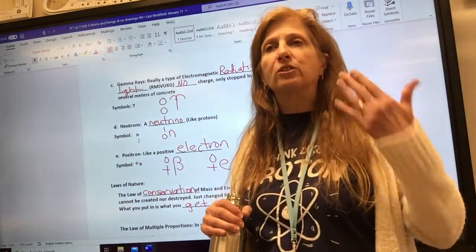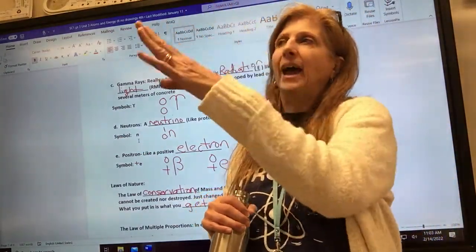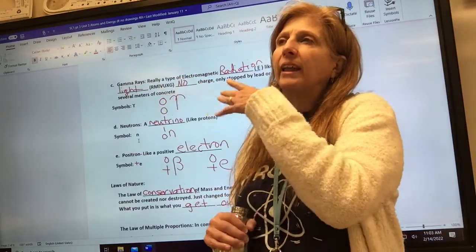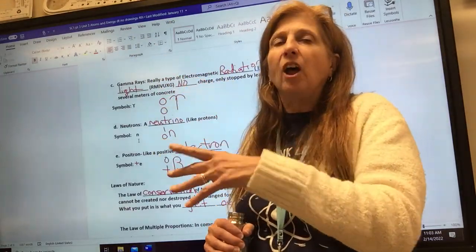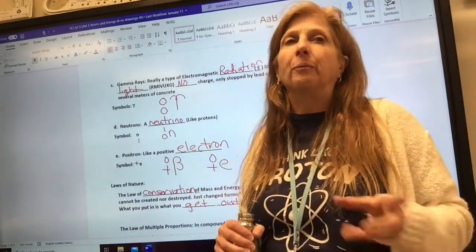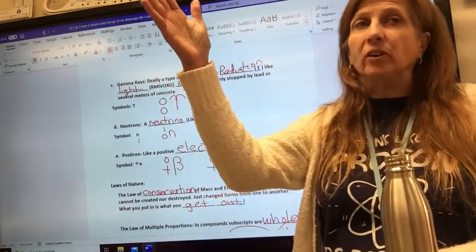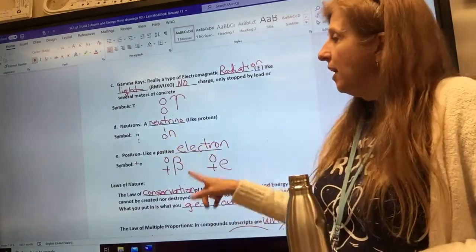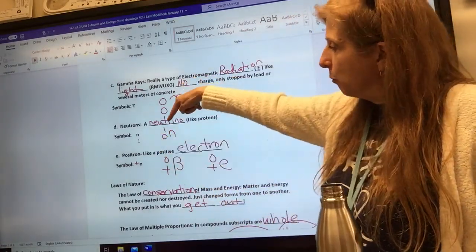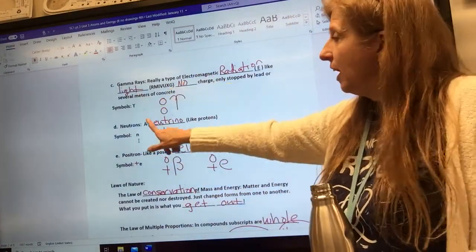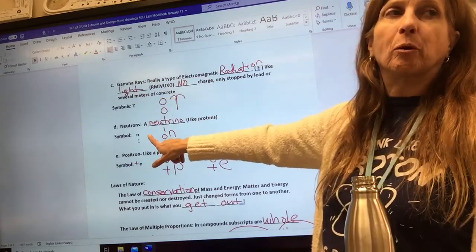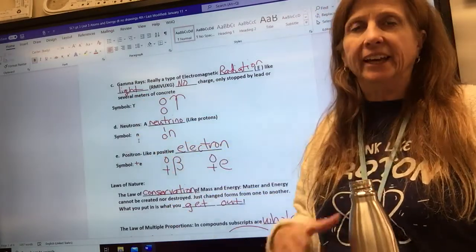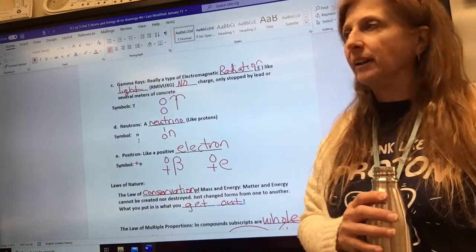It's why I was so strict with you about you had to write your elements in capital and lowercase, because lowercase means something else. So capital N is nitrogen, little n is a neutron. Sometimes it is written with a 1 on top for its mass, a 0 on bottom because it has no protons, and a little n. Any questions about that?